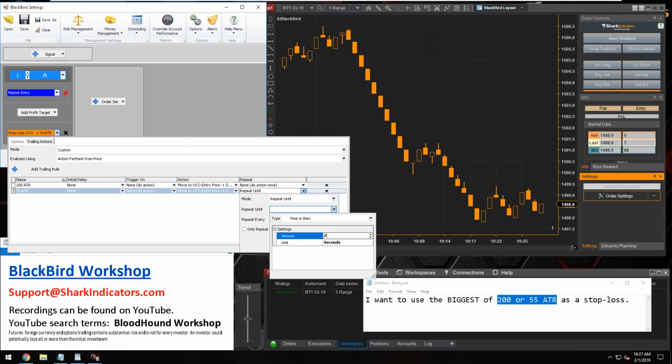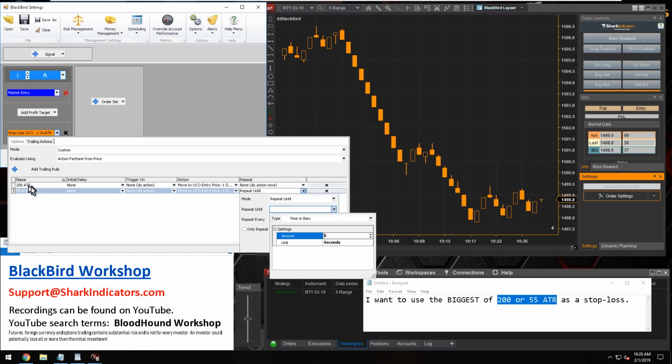So I would probably increase this time to 2 seconds or maybe 3 seconds. Who cares? Maybe even 5 seconds. If your stop loss goes from the 200 to the 55, if the other trailing roll fires off within 5 seconds, it's probably no big deal.